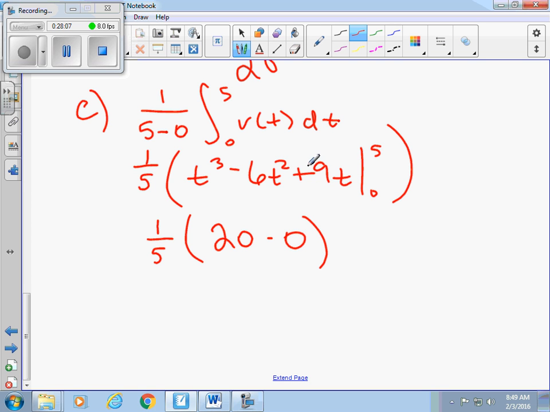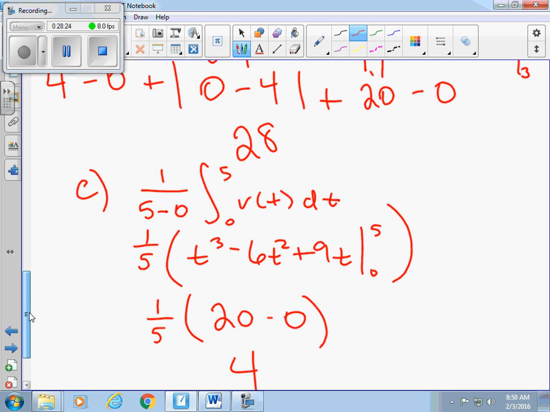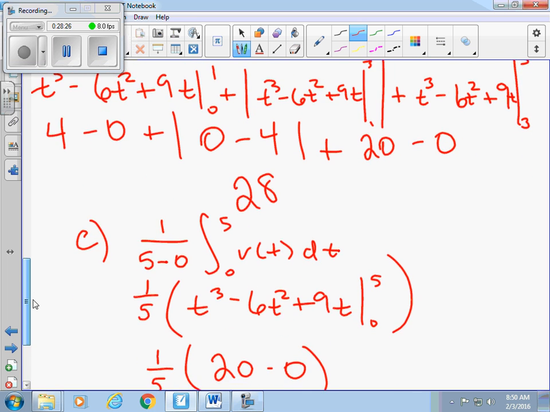Because that was the sum, or the... Oh. Right, the absolute value. We don't need absolute value. 4 meters per second, or feet per second. If we had units to use, we would use units. We don't. Wait, so why is it 20? 20 is when you plug in 5.